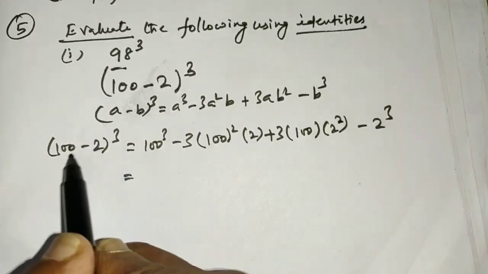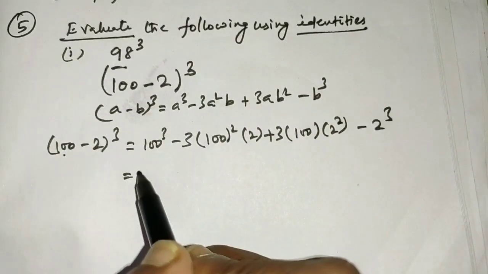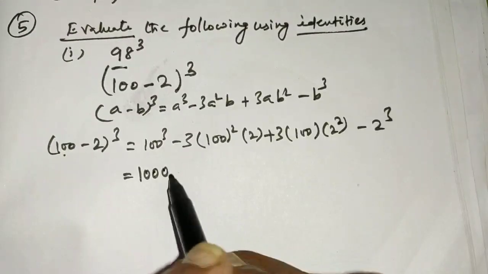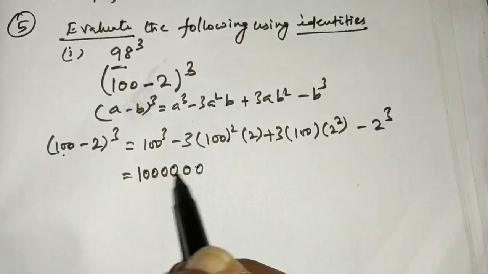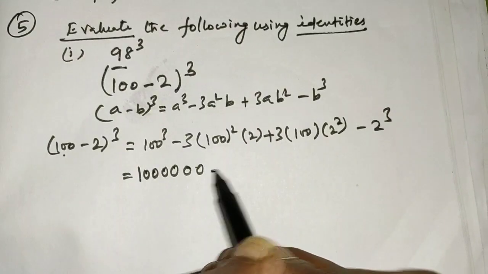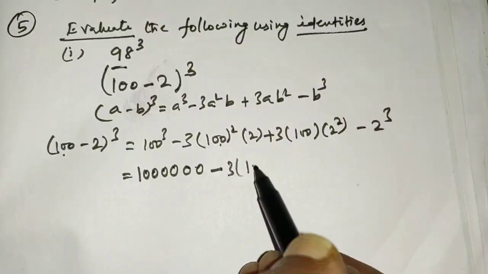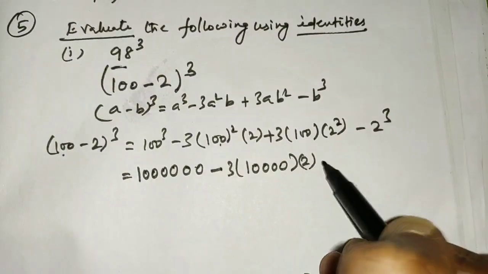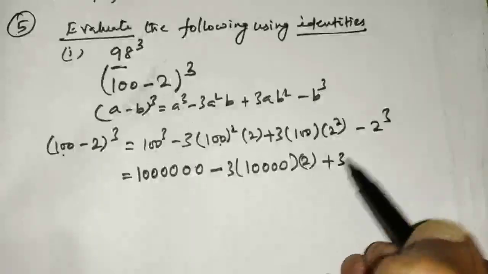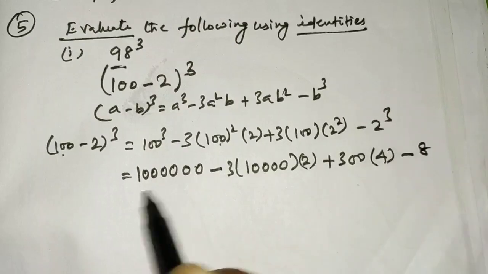In the place of a we have 100, in the place of b we have 2. So 100 cube gives 1000000, 6 zeros, minus 100 square is 10,000 into 2 plus 3 into 100 gives 300, 2 square is 4, 2 cube is 8.